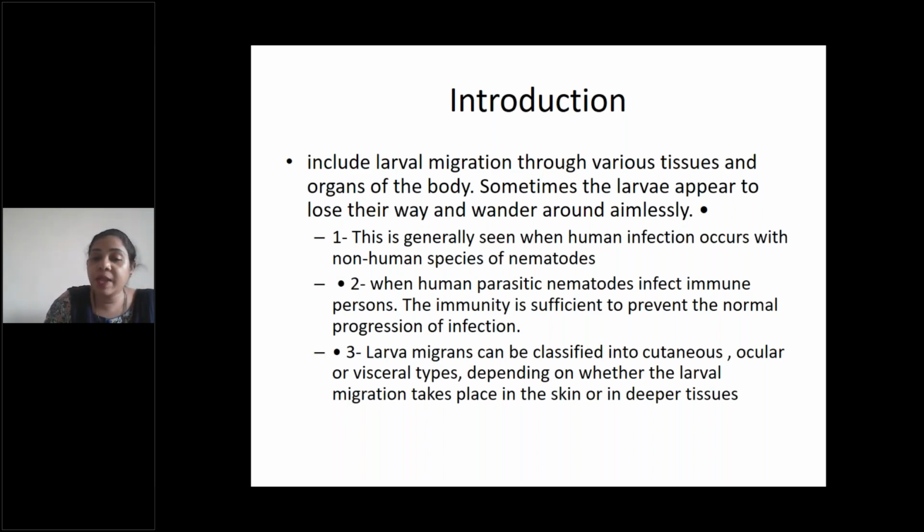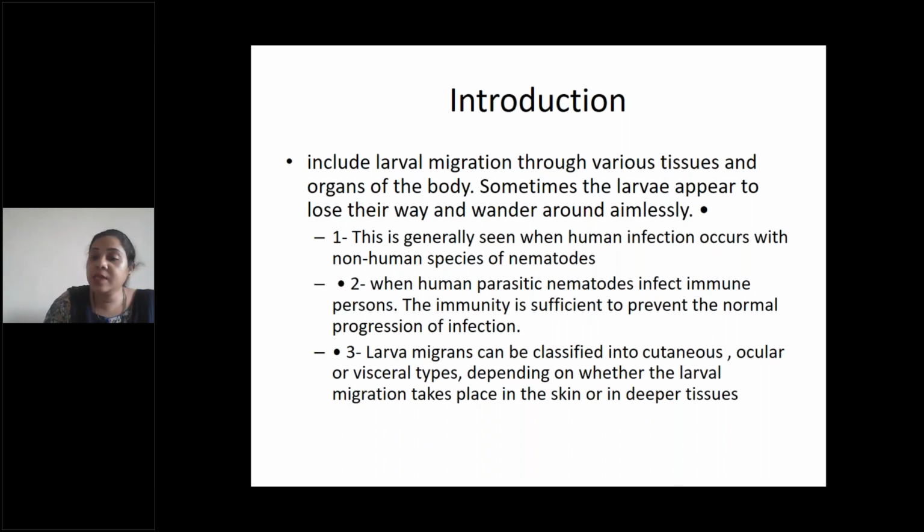Larva migrans is mainly classified into 2 types: cutaneous larva migrans and visceral larva migrans, depending on whether the larval migration takes place in the skin or the tissues. When the migration takes place on the skin, it is called cutaneous larva migrans.